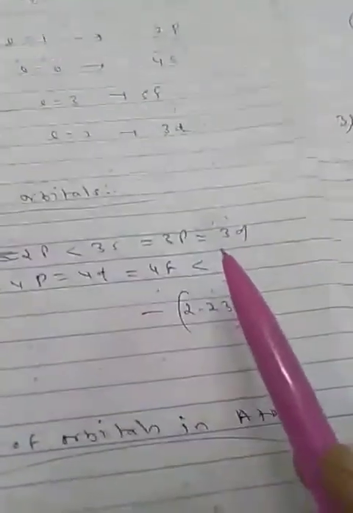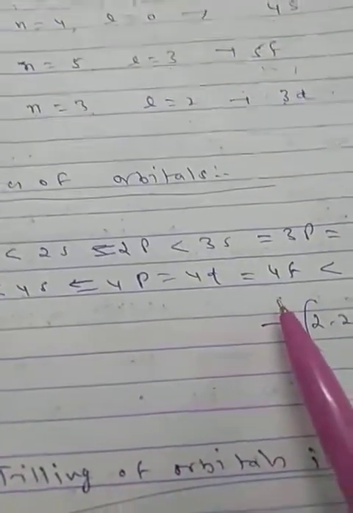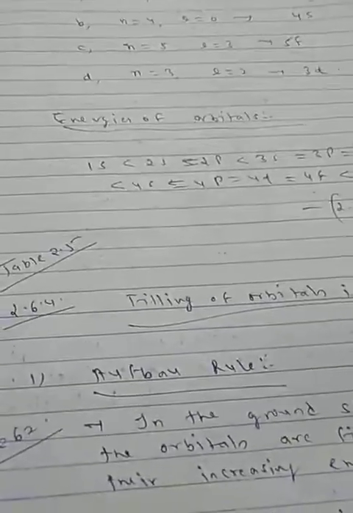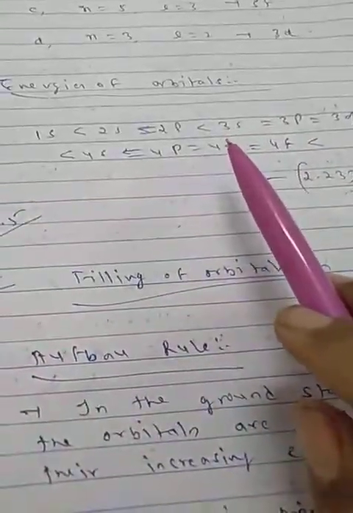Then 2p is less than 3s is equal to 3p is equal to 3d, because at level 3 we are getting d orbitals. This is less than 4s is equal to 4p is equal to 4d is equal to 4f. Less than, then ahead 5f, 6f will come. Like that you have to remember this. Now these are the energy levels for filling the orbitals.